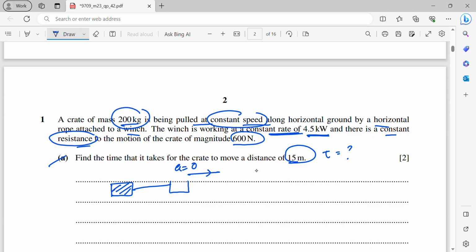The mass for this crate is 200 kilograms. And then there's a constant resistance of 600 newtons on the crate, so here is 600 newtons. And then you are given 4.5 kilowatts as well. So this 4.5 kilowatts is basically power.